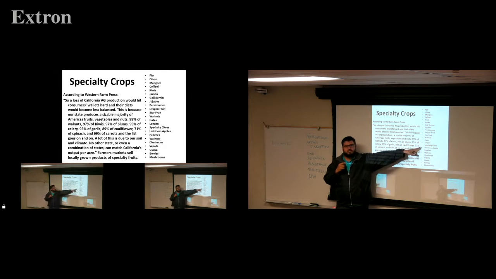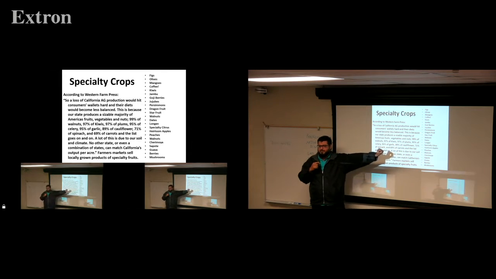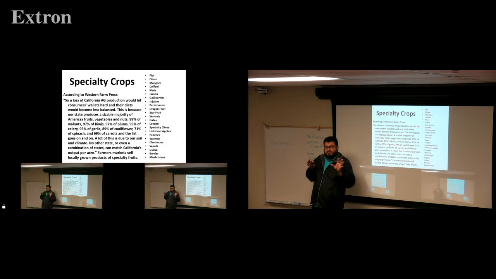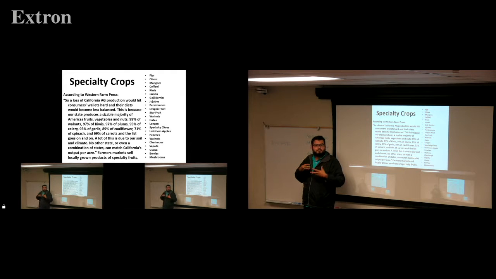Think also about specialty citrus. Think of all the Cuties. Cuties are the orange things. Well, there's no such thing as a Cutie. A Cutie could be a Dancy or some different type of mandarin, depending on the time of the year. Basically they have like 6 different types of mandarins that produce these little Cuties at different times of the year.